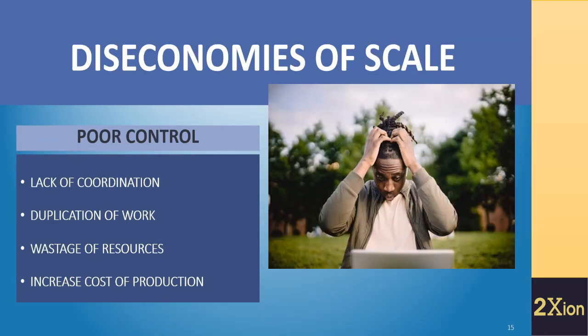Just like how a teacher finds it difficult to control a class packed with students, similarly, it is difficult to control big businesses due to lack of coordination between departments or different branches at different locations. This leads to duplication of work, wastage of resources, and increased cost of production.